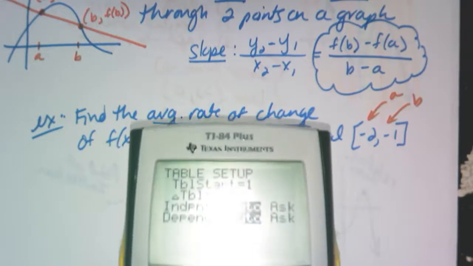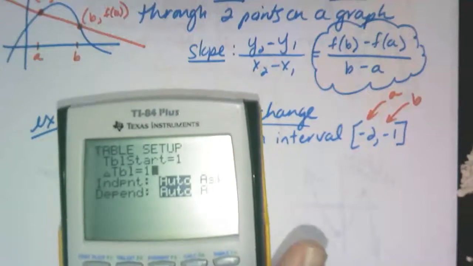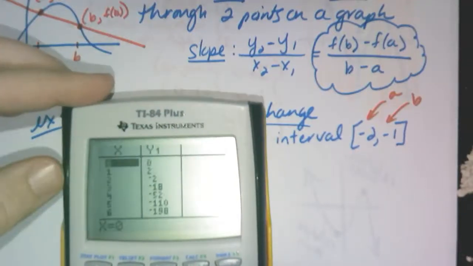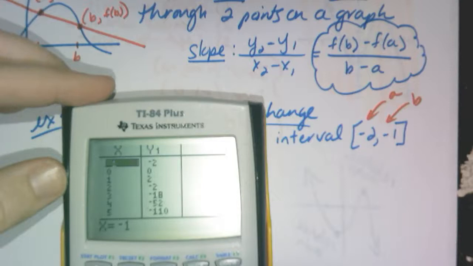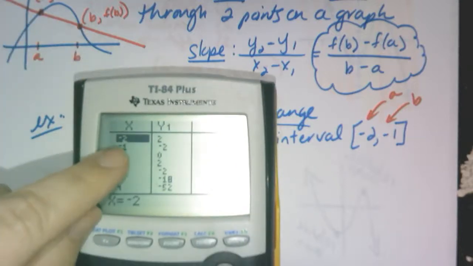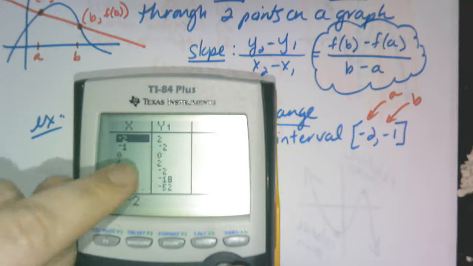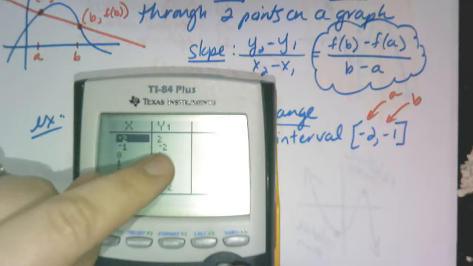Don't make it go up by 0.01. And now just go to your table. Well, actually, I want to go to -2. But look, at -2, what is your y value? 2. Your calculator just did f of a for you. Your calculator just did f of b.